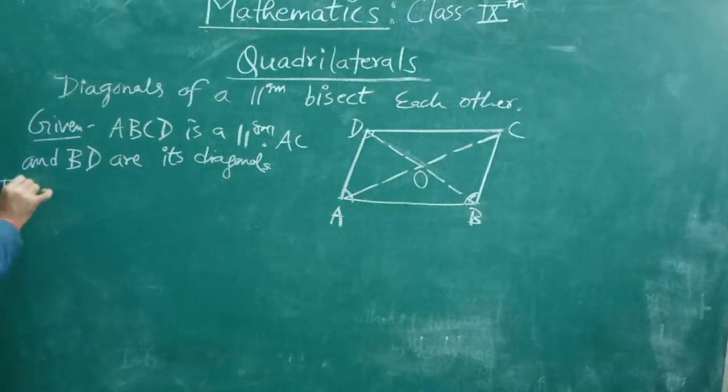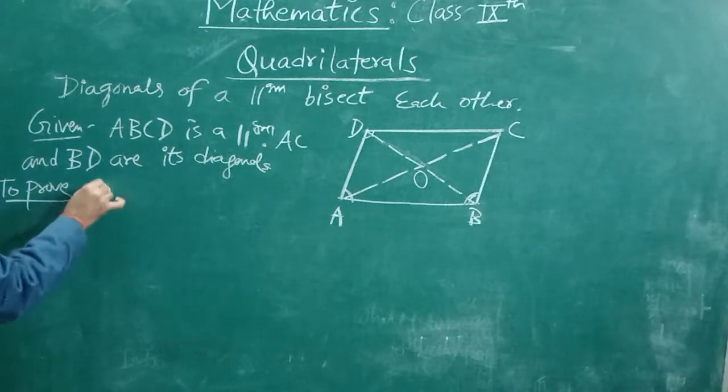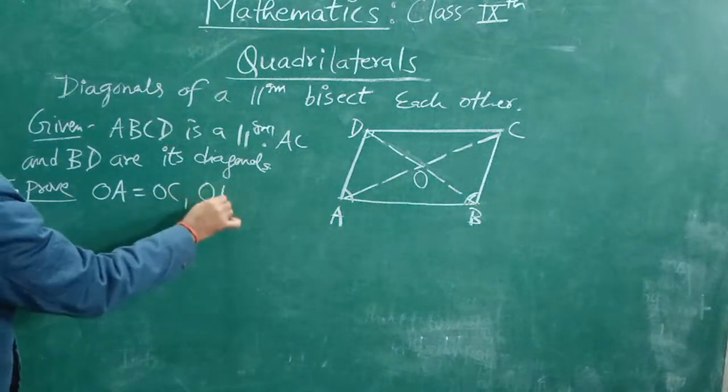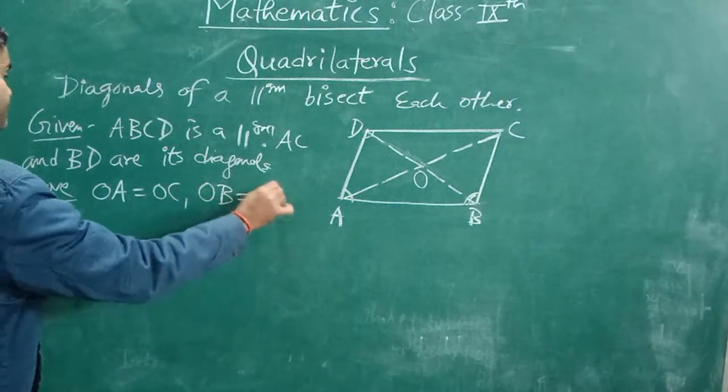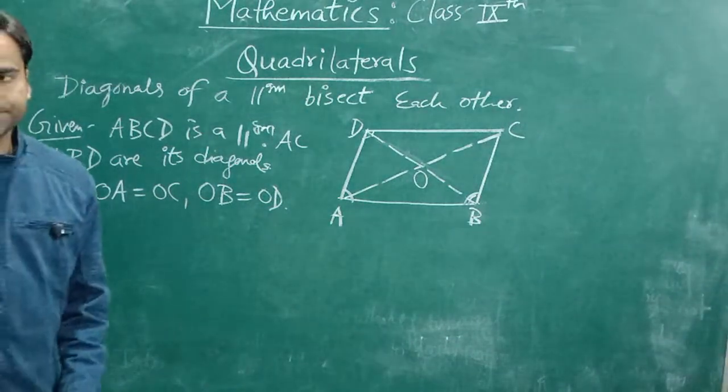To prove: OA is equal to OC and OB is equal to OD.